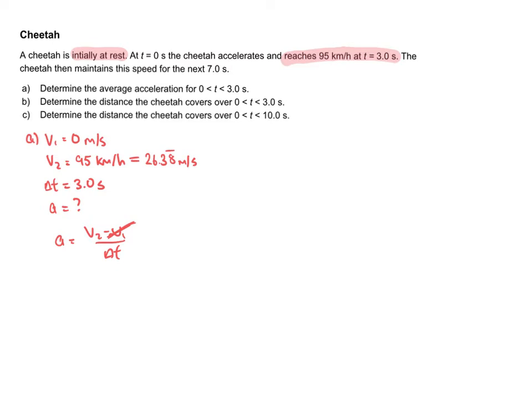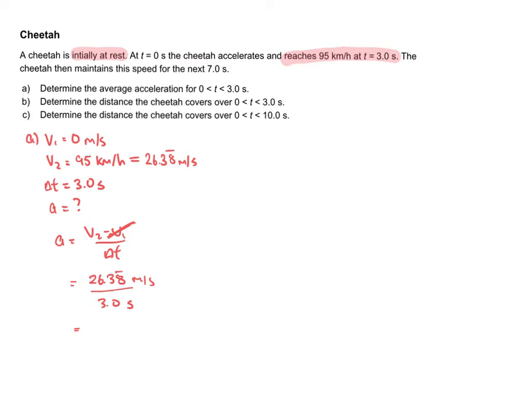And now I go ahead and substitute the values. So 26.38 repeated meters per second over 3.0 seconds. Get that in my calculator.